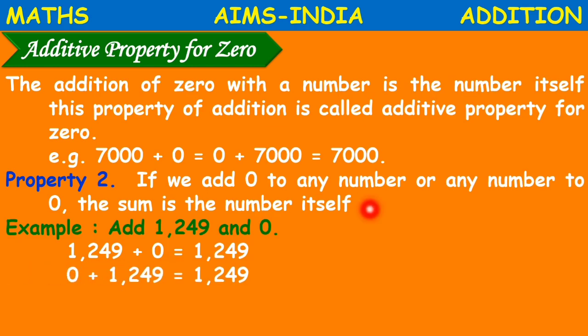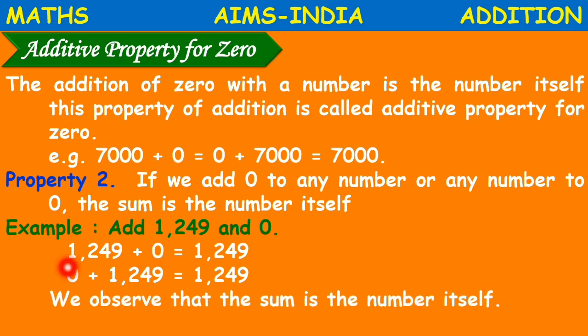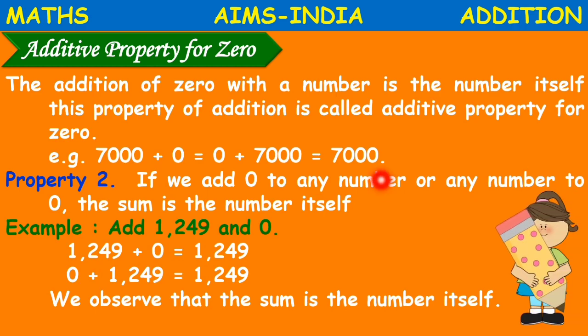If this was one order, when we change the order and put 0 first and 1249 second, now when we add 0 and 1249, the answer will be 1249 itself. We observe that the sum is the number itself. This is called the additive property of 0. I hope this is clear, children.